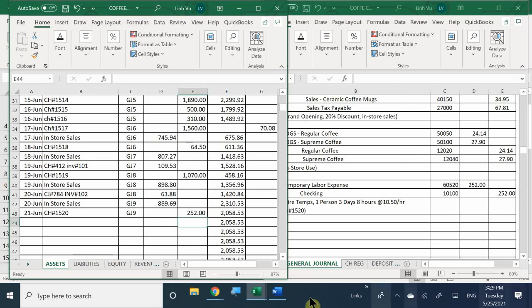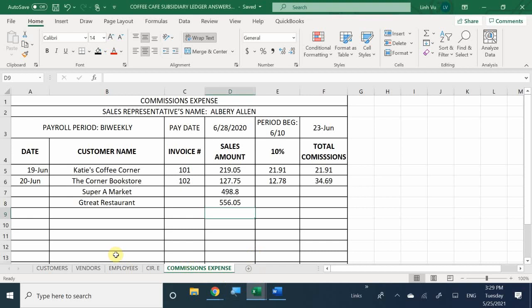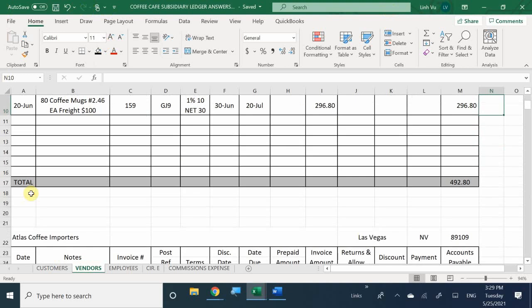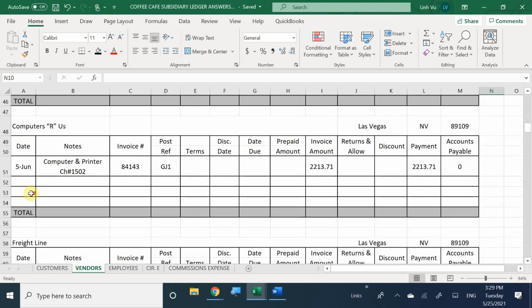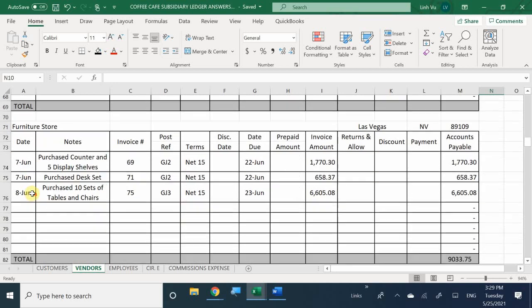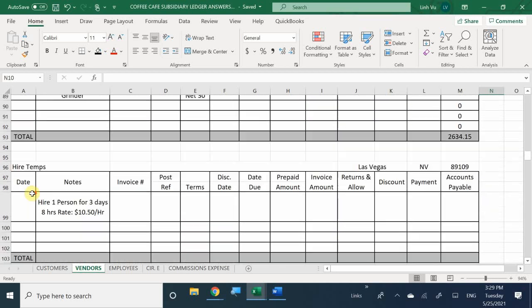Subsidiary ledger. Hire Temps will be under vendors. There we have it.